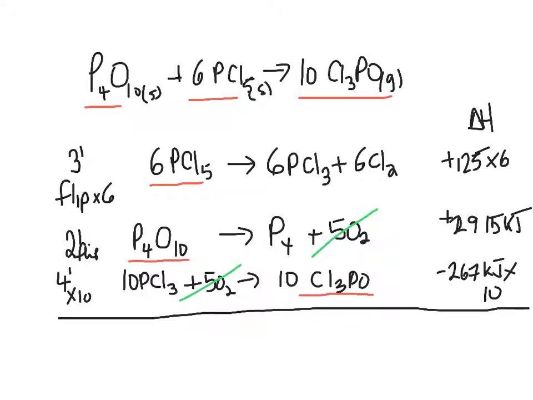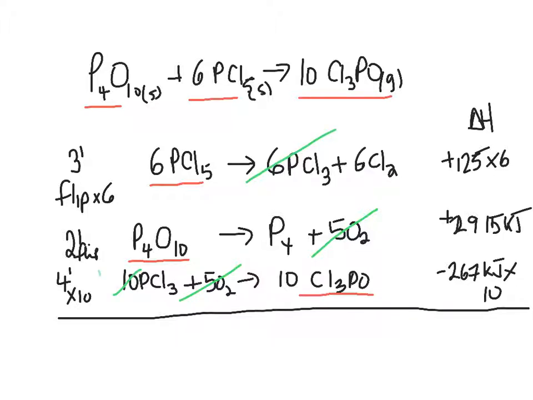So we want to get rid of this, and this. Some of these cancel, right? 6PCl3, 10PCl3. So that would be gone.